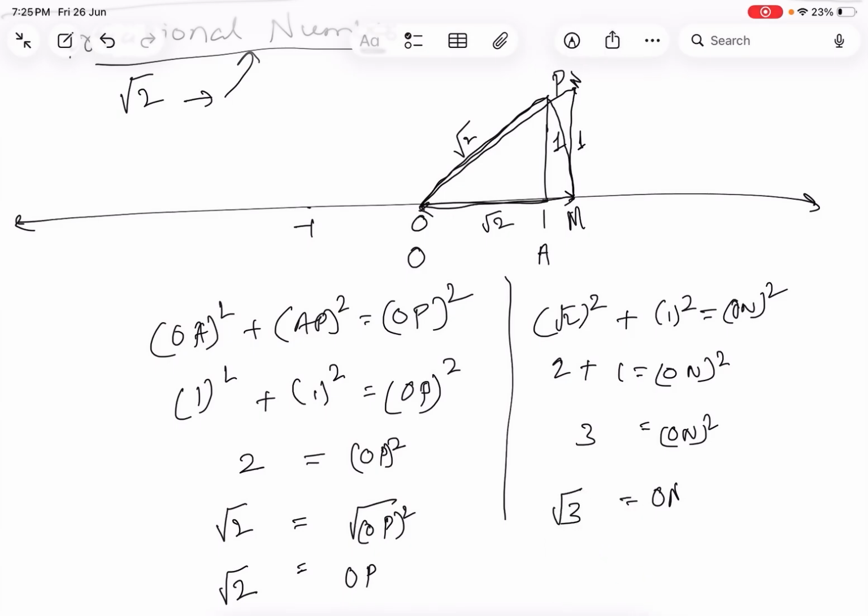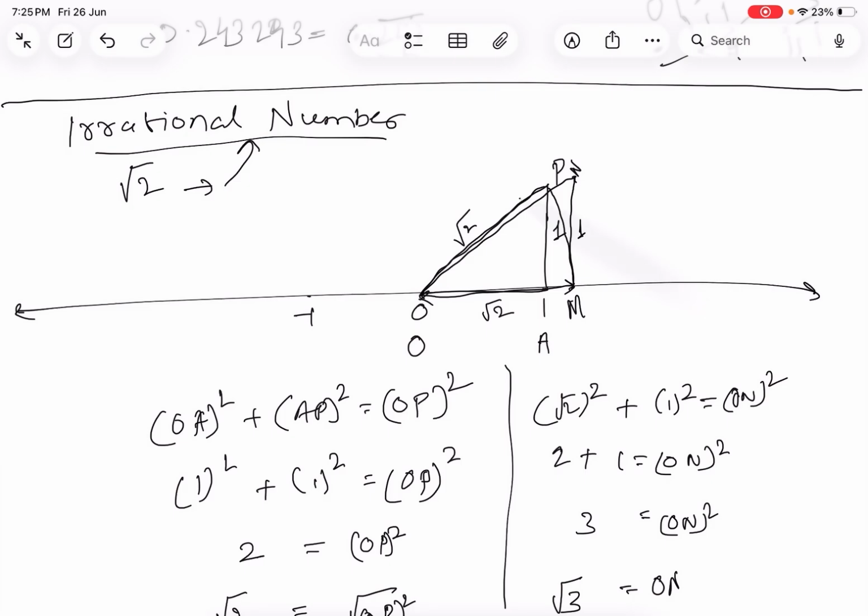So now ON is square root of 3. You can easily draw an arc from point N measuring ON onto the number line, getting a point, say Z. So OZ will be equivalent to square root of 3. And similarly you can find square root of 5, square root of 7, and so on.